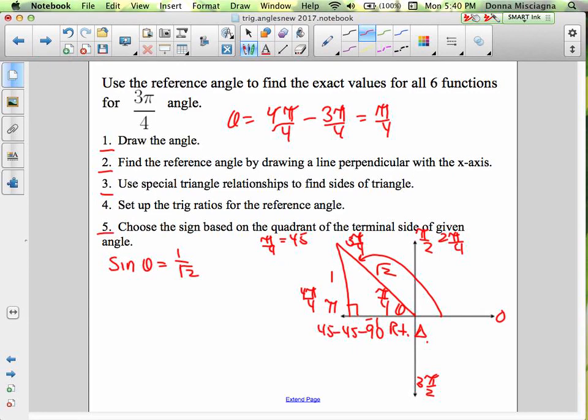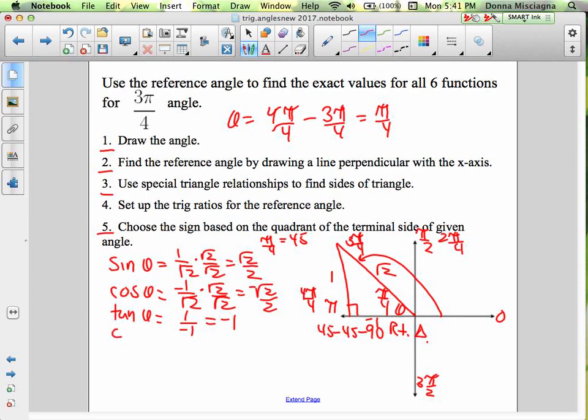So sine theta is 1 over the square root of 2, and then we'll rationalize that, so that's the square root of 2 over 2. Cosine theta is the adjacent side, so that's negative 1 over the square root of 2. We'll rationalize that, so that's negative square root of 2 over 2. And then tangent theta is the opposite over the adjacent, 1 and negative 1, that's negative 1.